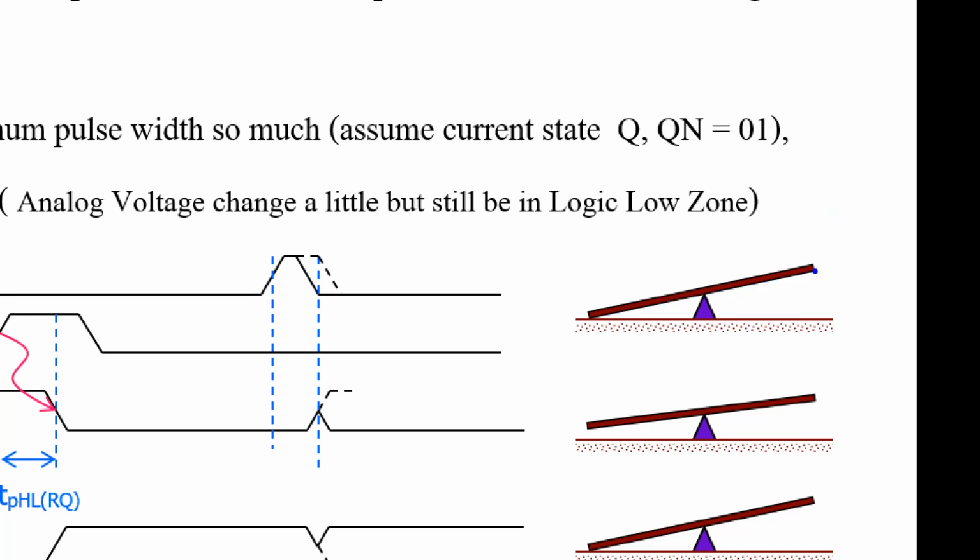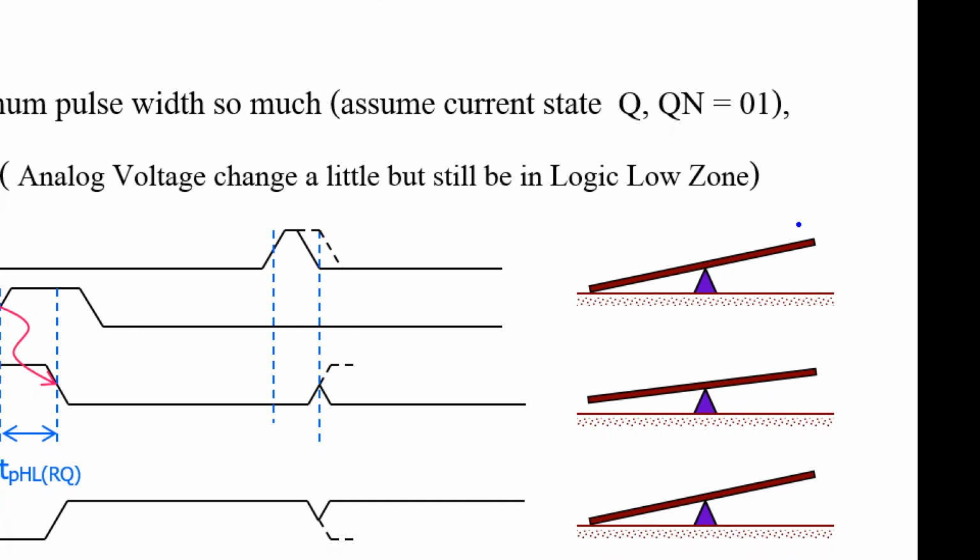If you want to make a change of the state, you must press this one long enough until this side of the beam becomes higher than this level. After that, you can remove this force, so you can make the state change.